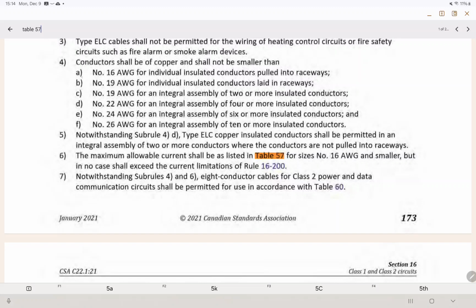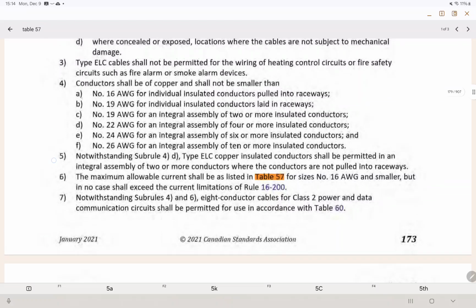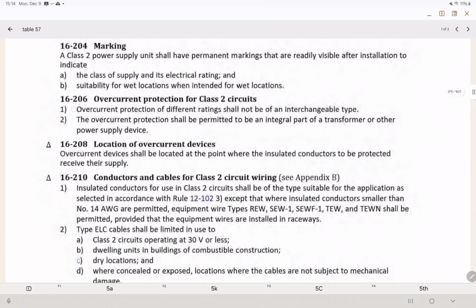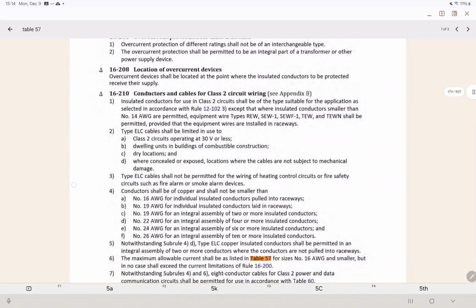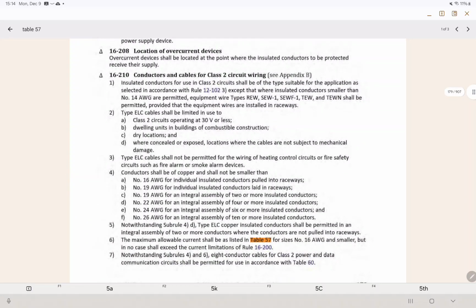All right, last but not least, before I leave, I just want to talk to you about 16-210, conductors and cables for Class 2 circuit wiring. Conductors shall be of copper and shall not be smaller than specified for circuits such as fire alarm or smoke alarm devices. And here we have it displayed.